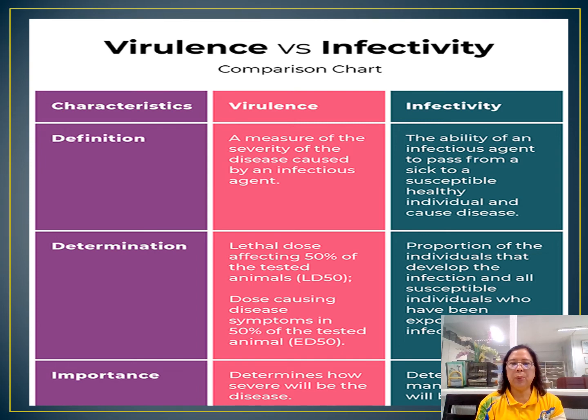Now, what is the importance of knowing the virulence? It determines how severe the disease will be. So it presents a certain trend or prediction. Infectivity, the extent to which this could be transferred to man.